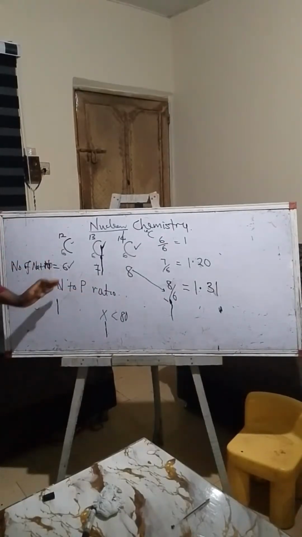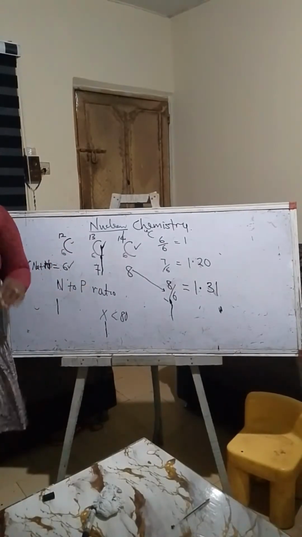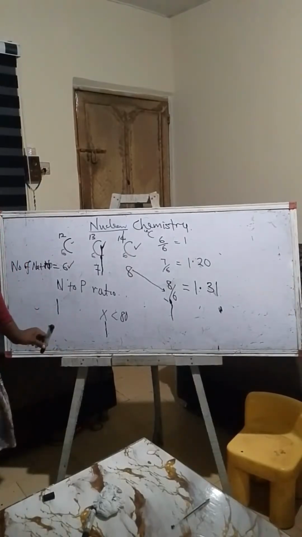So if the neutron to proton ratio is greater than 1, it means that element is not stable. So it will move towards the belt of stability. That is how to classify stability.